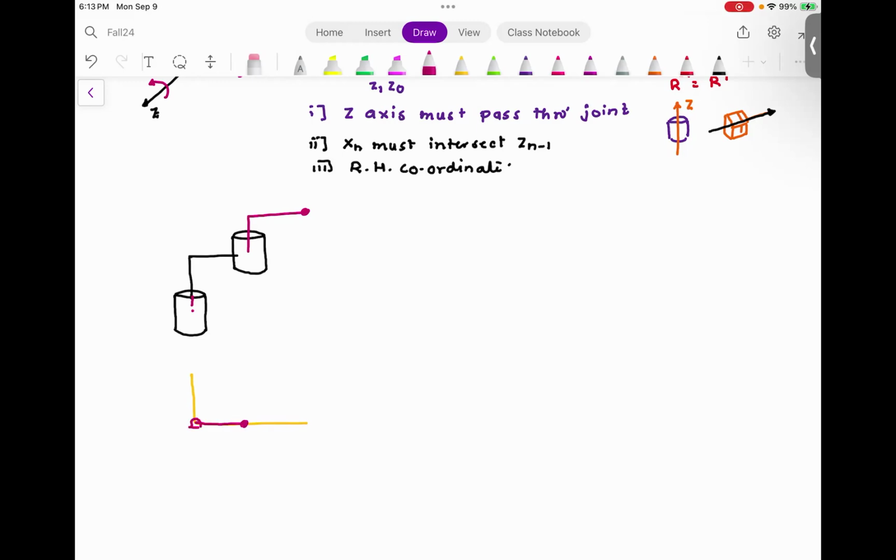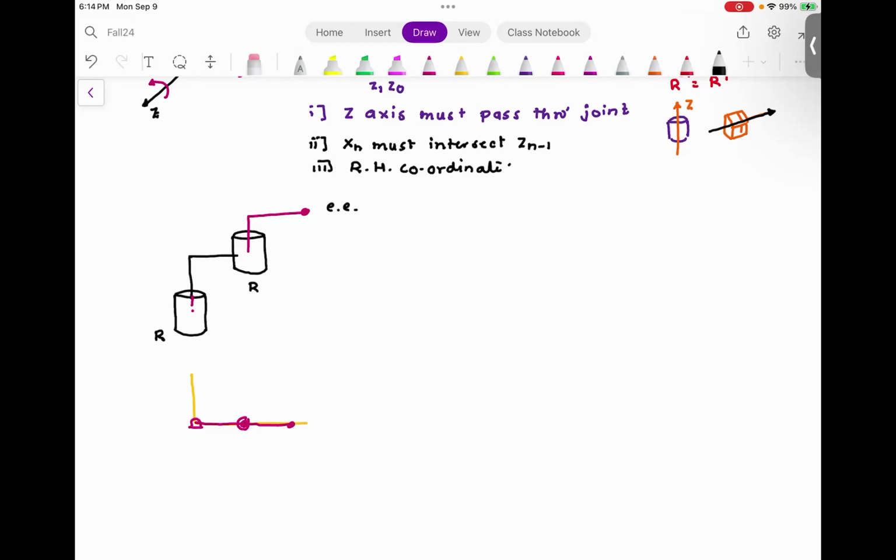This is the hinge. And then there is this second pendulum, and this is another hinge. So you have two hinges which are connected to each other. Now this is the robot. This is the first revolute joint. This is the second revolute joint. And this is the end effector.